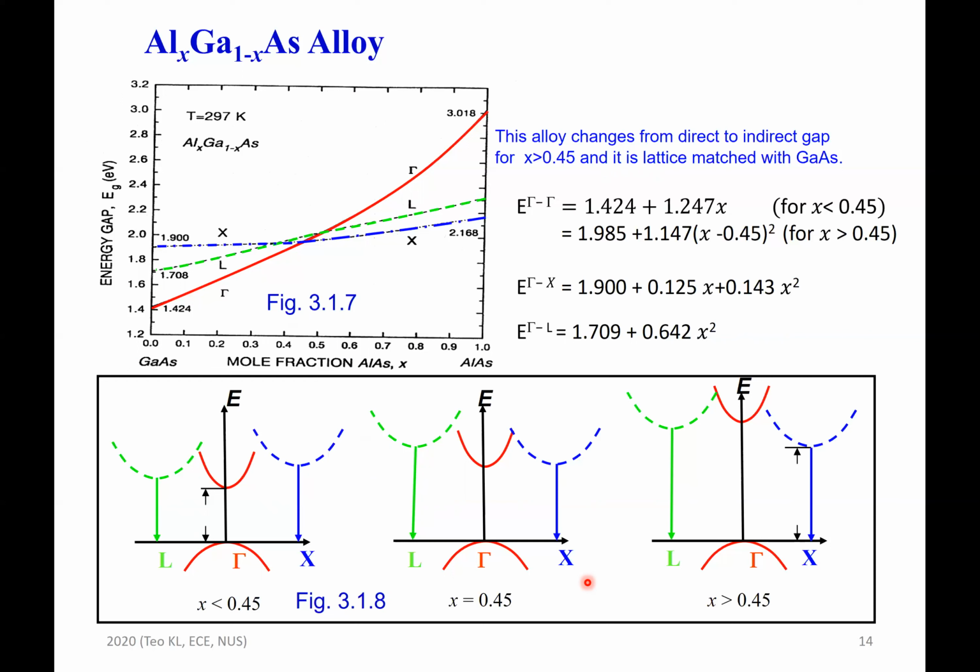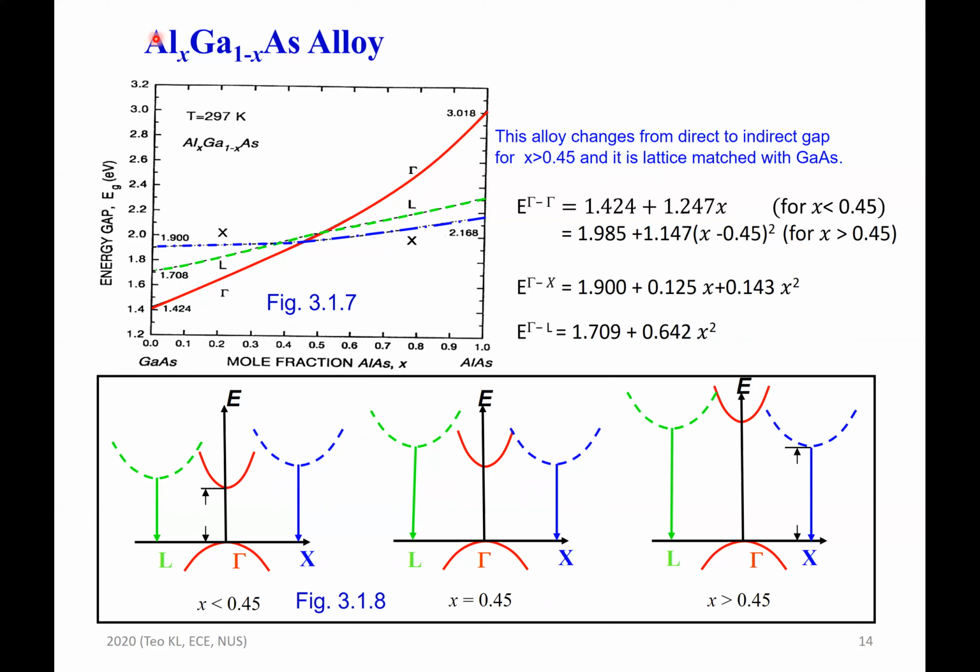Next, let us discuss the band gap of the alloy in more detail. Now, let's take the example of aluminum gallium arsenide. It is made up of the endpoint semiconductors aluminum arsenide and gallium arsenide. Aluminum arsenide and gallium arsenide are both zinc blende semiconductors.